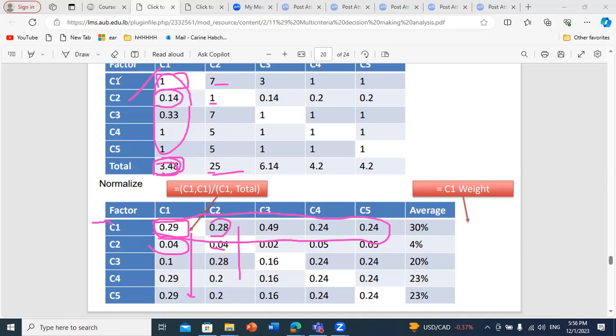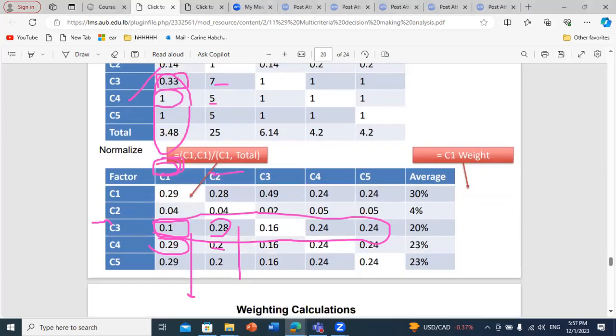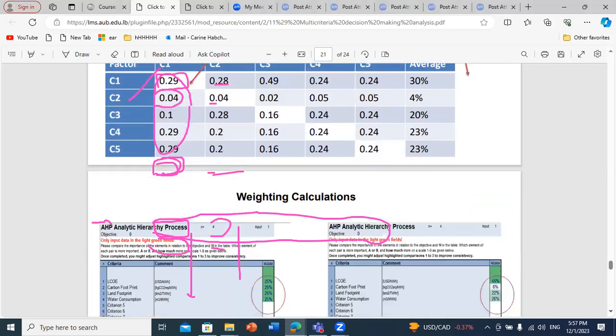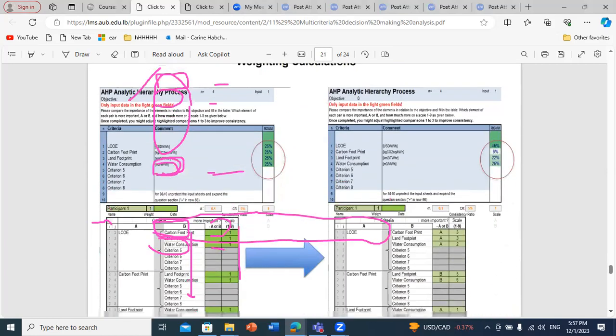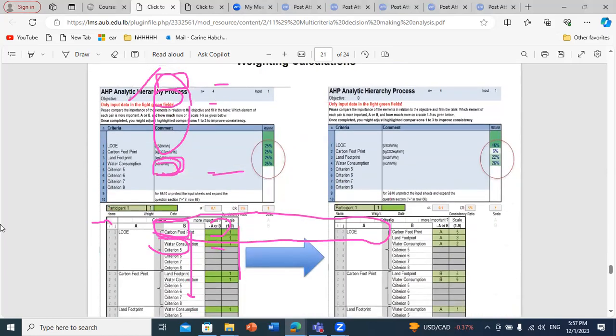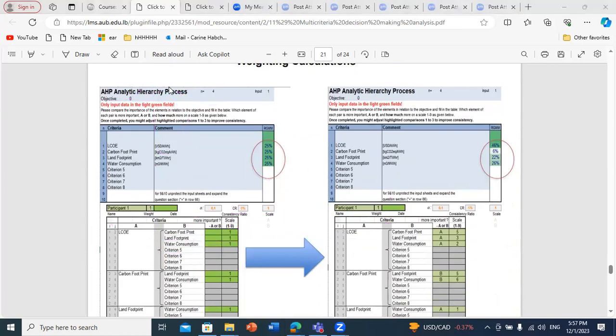To practice more on this, I will do several examples with you, where we build and find the weights together. Okay. So for example, let us consider the following case. Let me zoom a little bit.